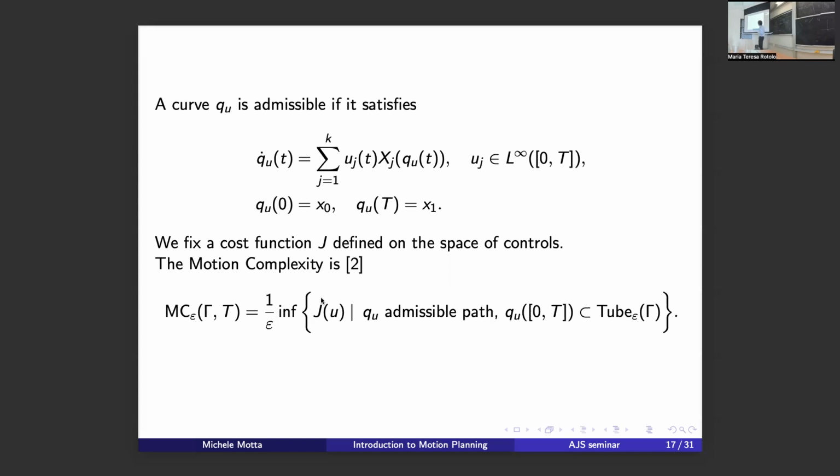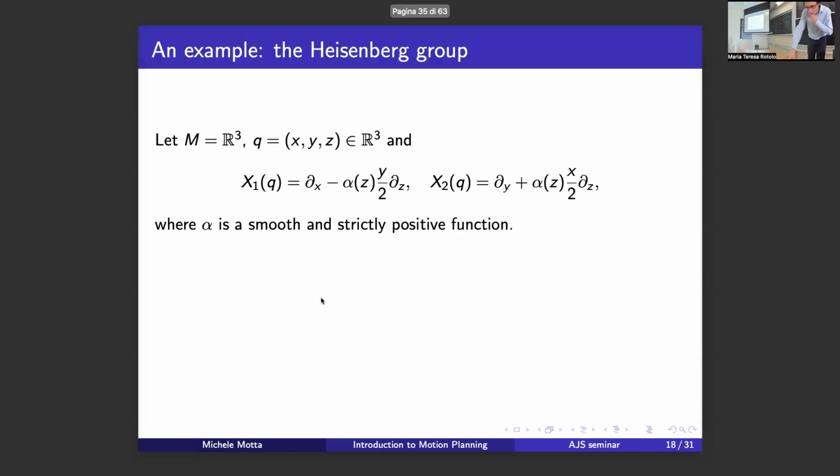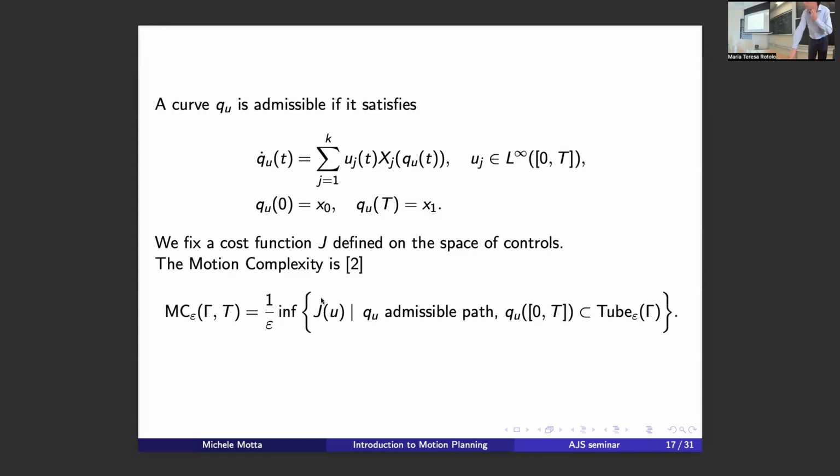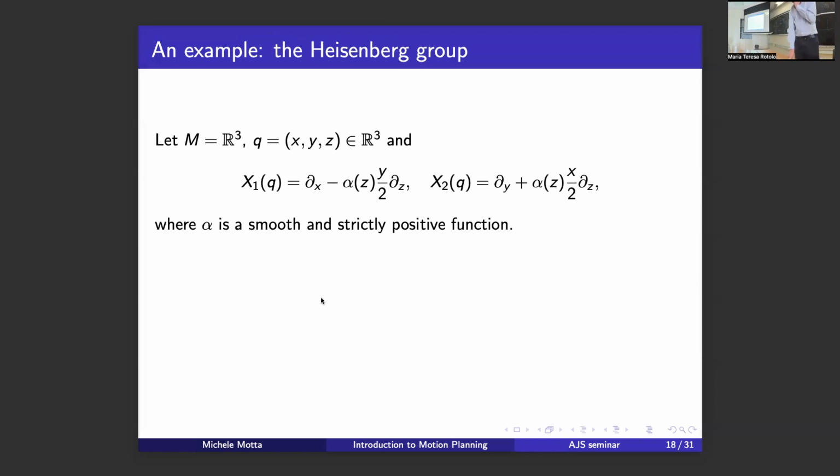So you want to minimize this function on this class of paths. And you divide by epsilon, where epsilon is the size of the tubular neighborhood, and this epsilon more or less corresponds to the cost of an elementary piece of the path. So okay, this is the definition of motion complexity. Let's see an example.